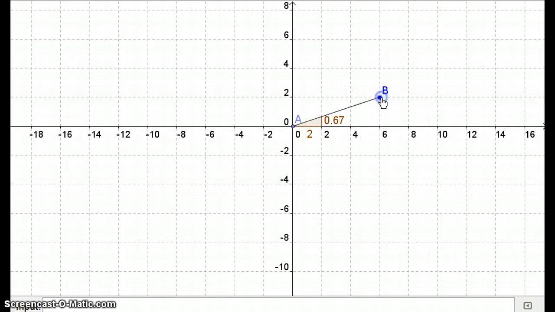This one? Whoops. 2 divided by 6, as Ash said, because that's 2, right? And that's 6. Or you could go 0.67 divided by 2. There are decimals, right?